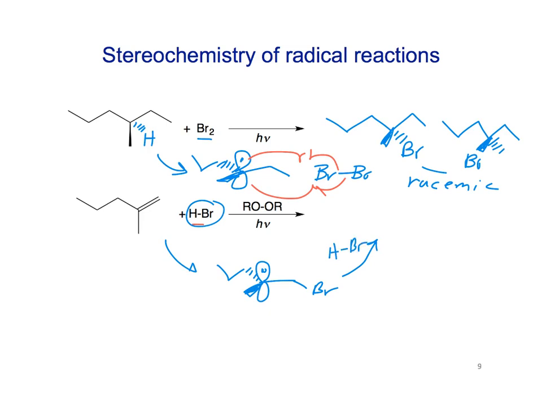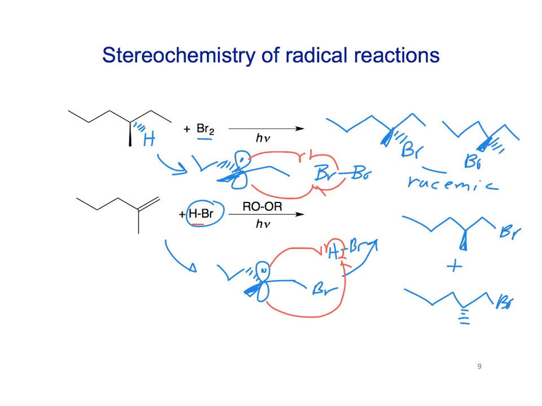Again, in this case, it's the H that's coming from the top or the bottom, which gives us a new chiral center, not where the bromine is, but where that methyl group now is. So we could get that product plus this product.